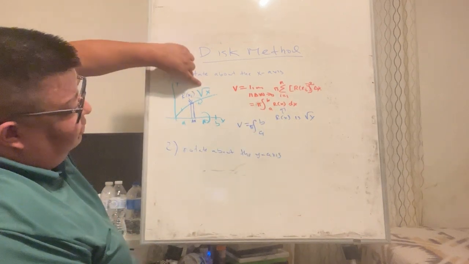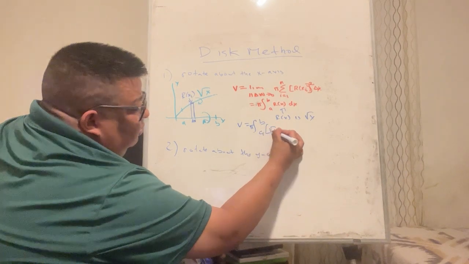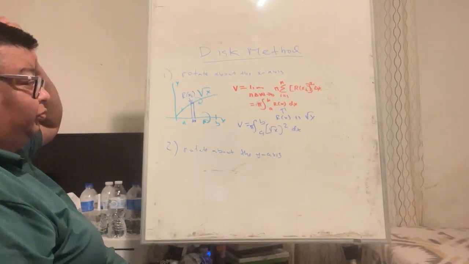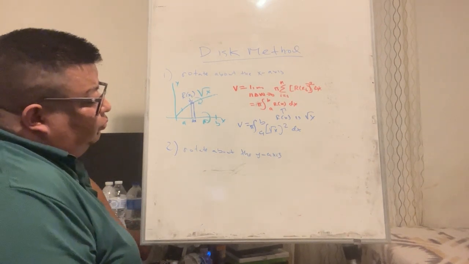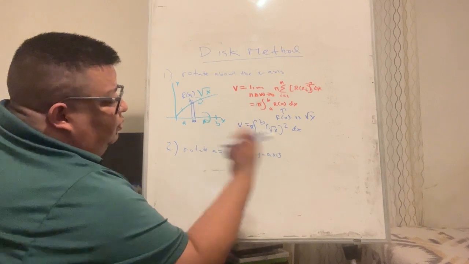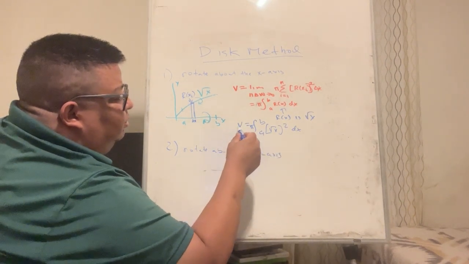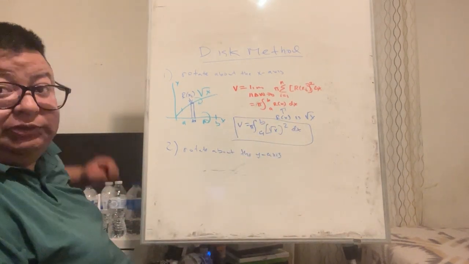Your R(x) is the square root of x, and then we square it, times dx. Then you compute it and you get your volume. So this will be your formula for this one.